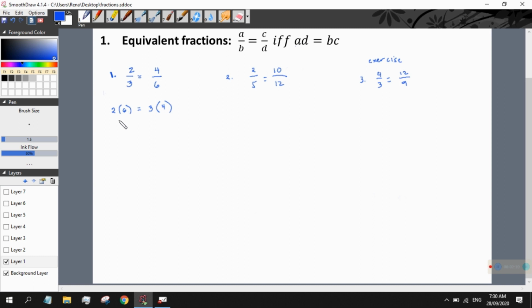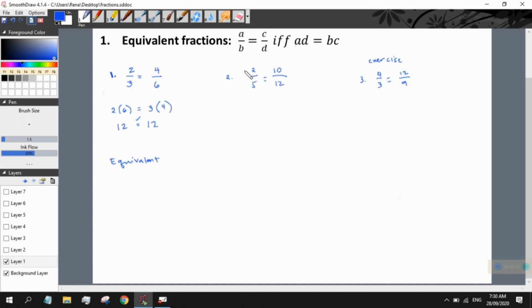Now let's find the product. 2 times 6 is 12, correct. And then 3 times 4 is also 12. So since 12 is equal to 12, then these two fractions are equivalent.